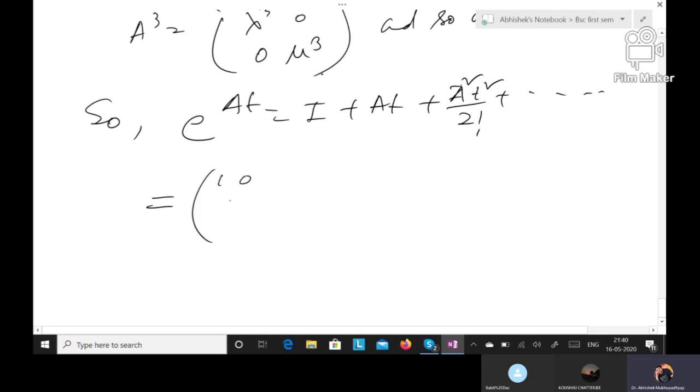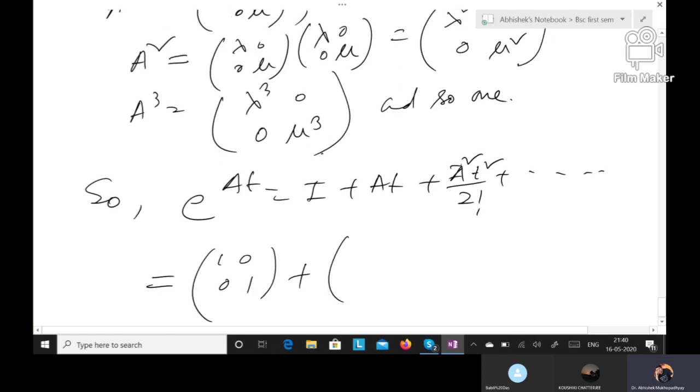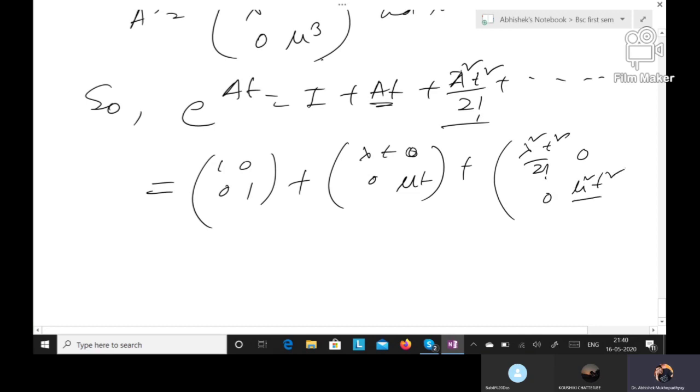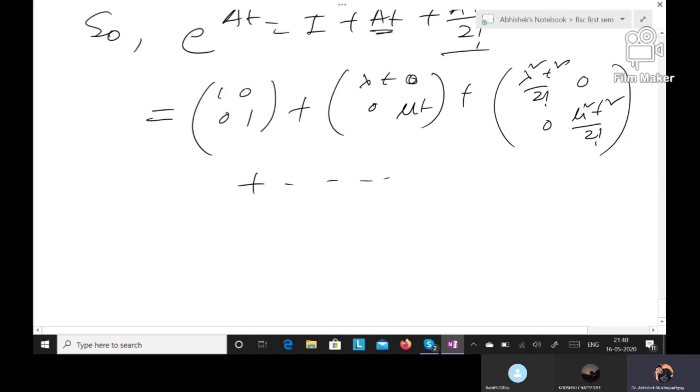So this is 1 0, 0 1 plus, now A is lambda 0, 0 mu. So therefore this one is lambda t 0, 0 mu t plus this one will be lambda square t square by 2 factorial 0, 0 mu square t square by 2 factorial, and you can do this for the other terms.